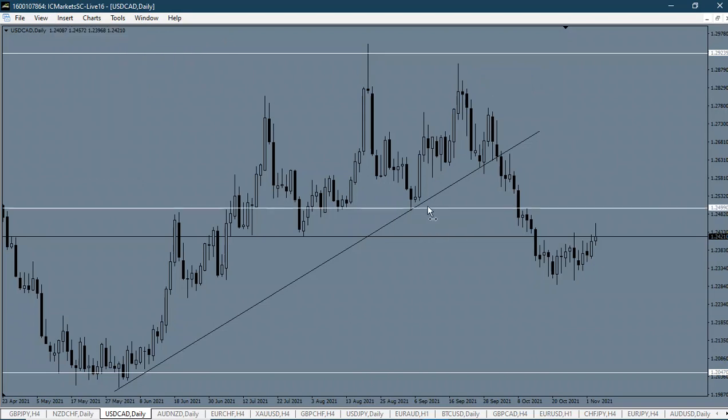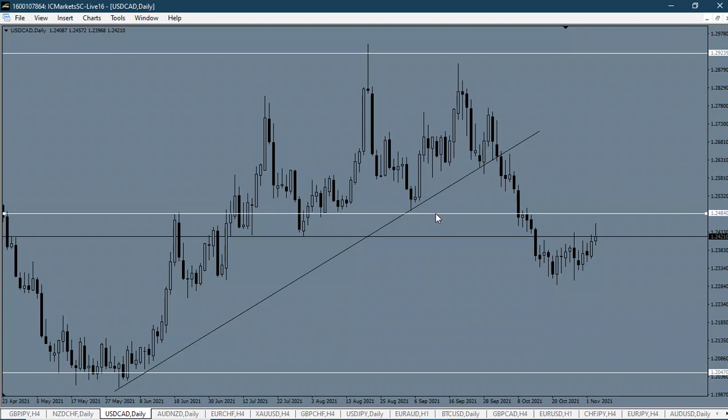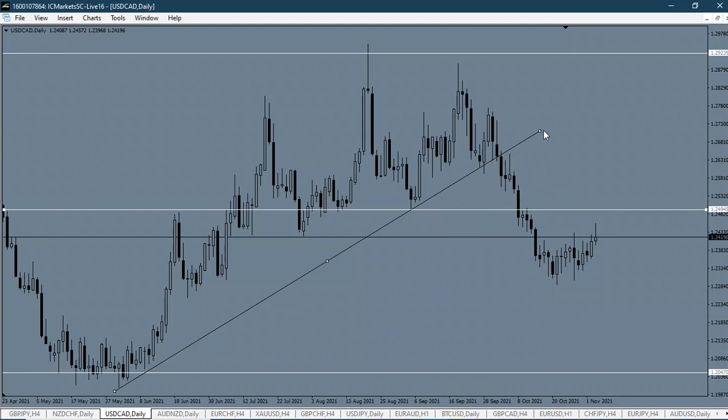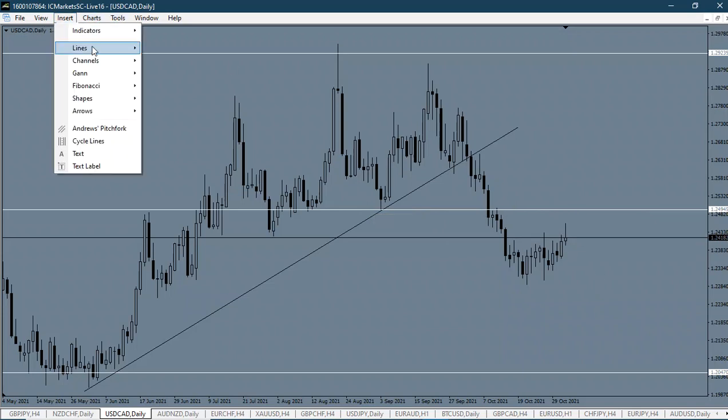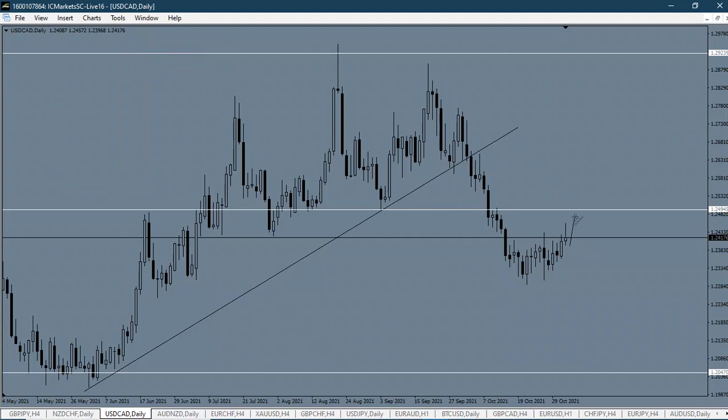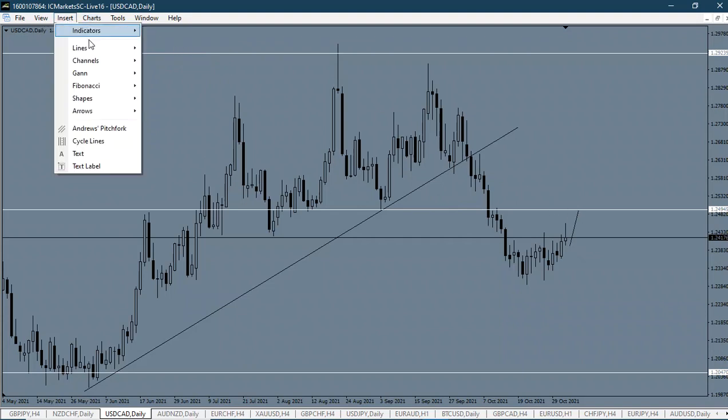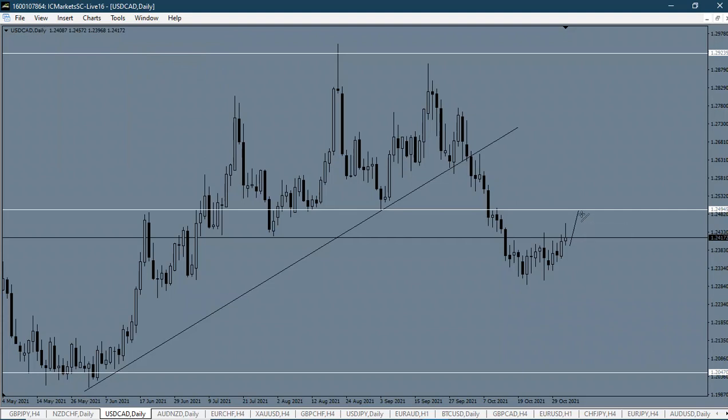We also see that we have a resistance area right here, where price also crossed this level right here. So we know we are expecting a retest of this level right here before price pushes further towards the downside. So that's what we are expecting to see here, a retest and then push further towards the downside.